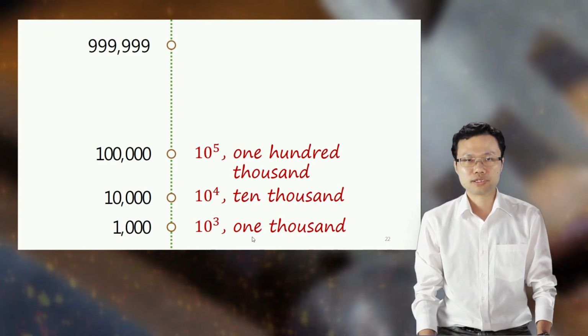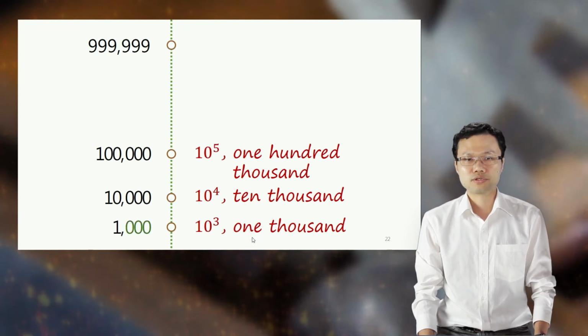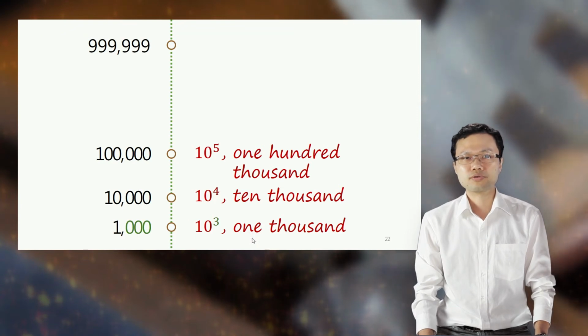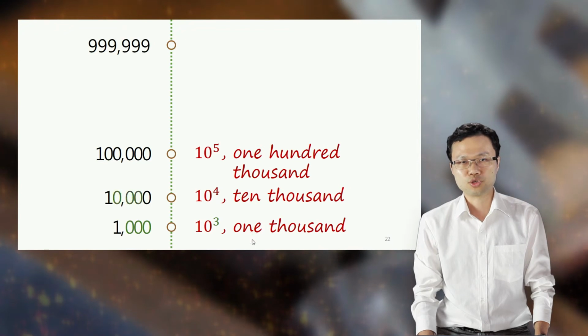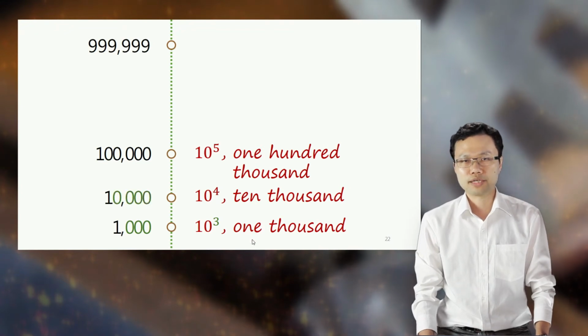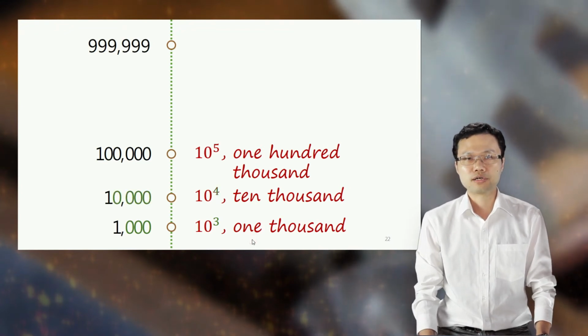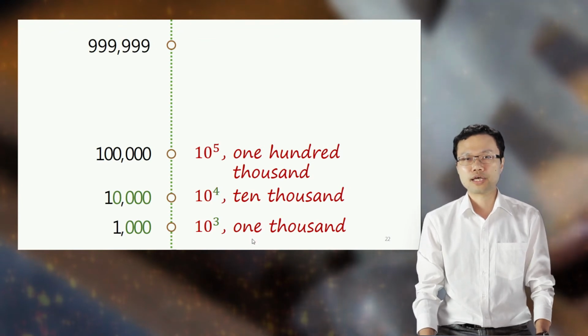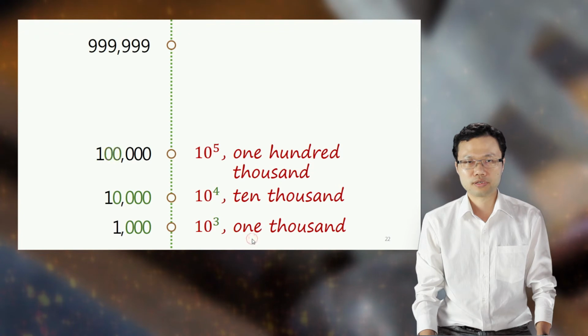How does this work? For 1,000, there are 3 zeros after 1. So it is 10 to the power of 3, or 10 cubed. For 10,000, there are 4 zeros after 1, so it's 10 to the power of 4.